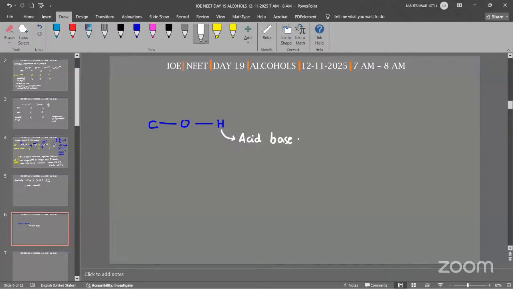This is one possible reaction. Another one is over oxygen, there are two lone pairs. So with respect to lone pairs, alcohols can act as nucleophiles.